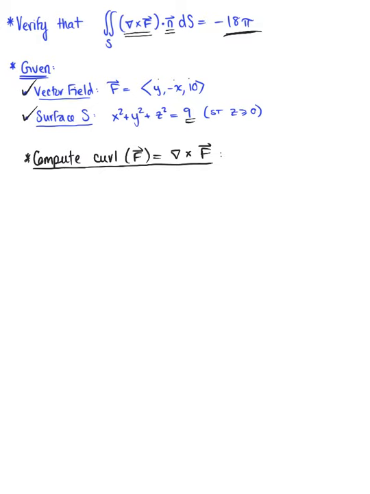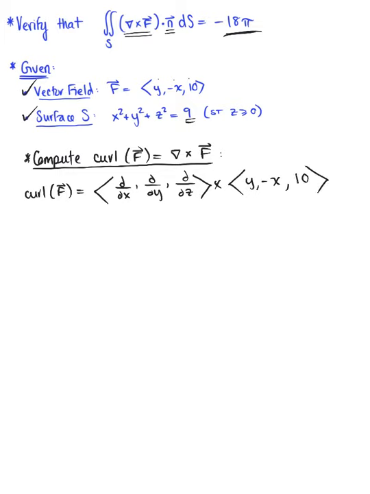So here we go. The curl of this vector field is going to be equal to that del operator, so we have the vector d/dx, d/dy, and d/dz.